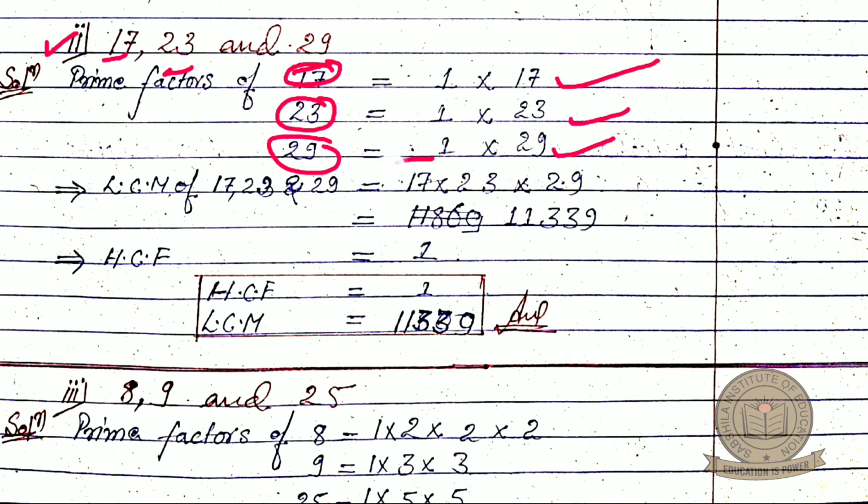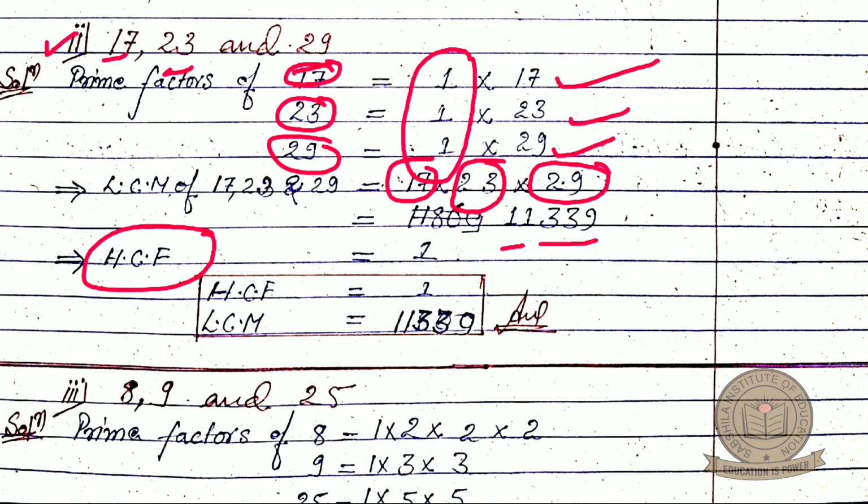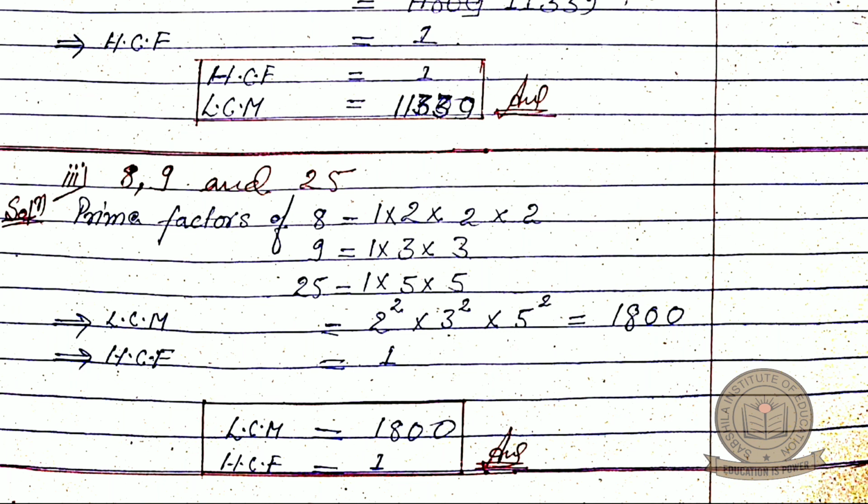So 17 will multiply with 23 and 29. Then you will get what? 11339. And then 1 will be the HCF. So your HCF is 1 and LCM is 1139. Getting everyone?